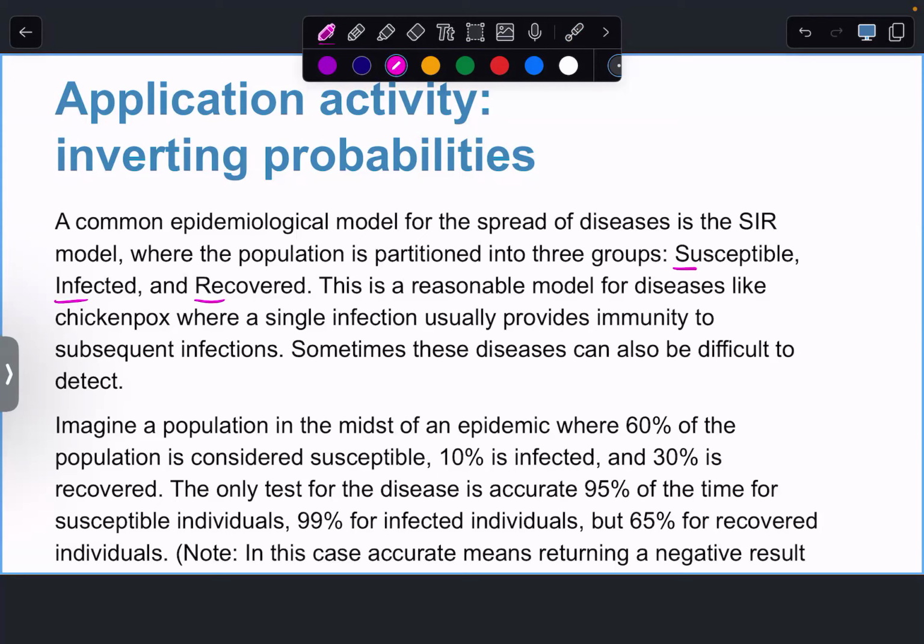This is, of course, a reasonable model for diseases like chickenpox, where a single infection usually provides immunity to subsequent infections. So knowing that someone has recovered, right, that tells us about the probability of them getting it again, right?